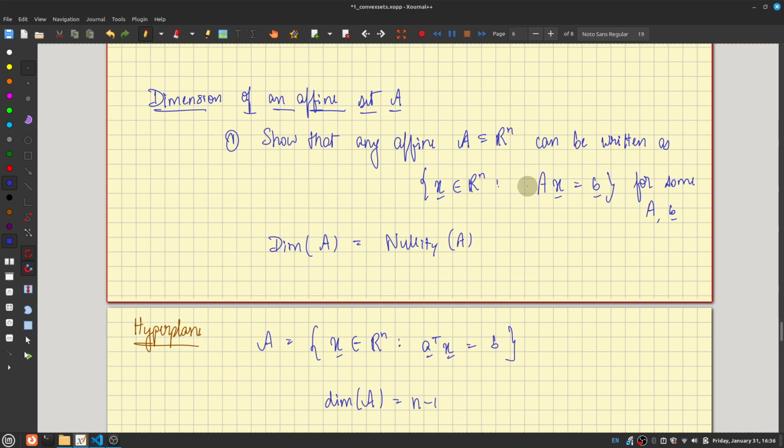That is going to be unique, and that is what I will call the dimension of that affine set. Correct. So this is the nullity of the matrix A, or if there's any sort of confusion, let me call this C. Right. So this is the set A. Okay. Any questions?